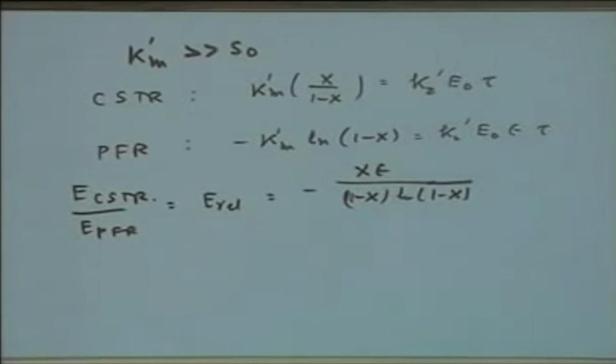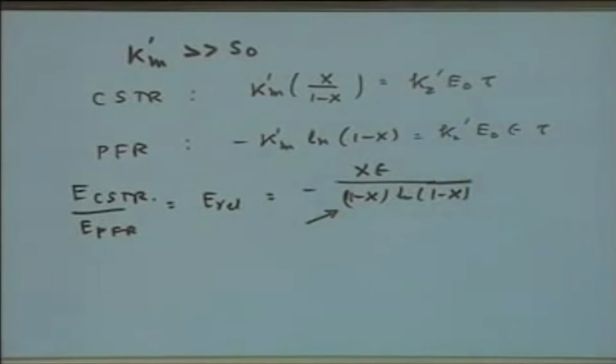The relative quantity of enzyme required in the case of CSTR and PFR under first order enzyme can be given by this expression. You notice that the higher the required conversion level, the higher is the relative amount of enzyme required in CSTR.